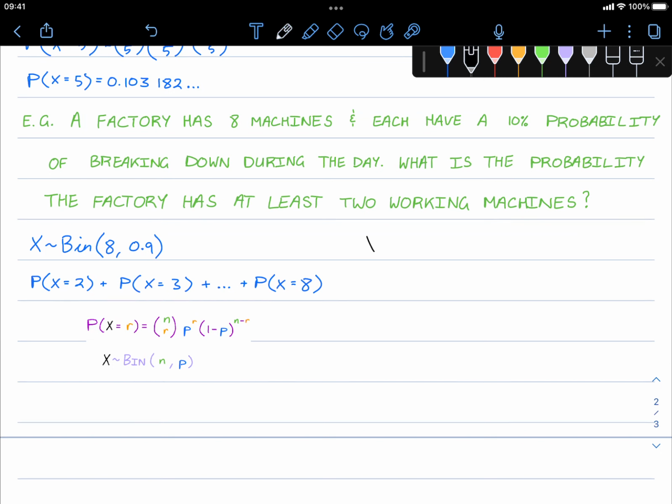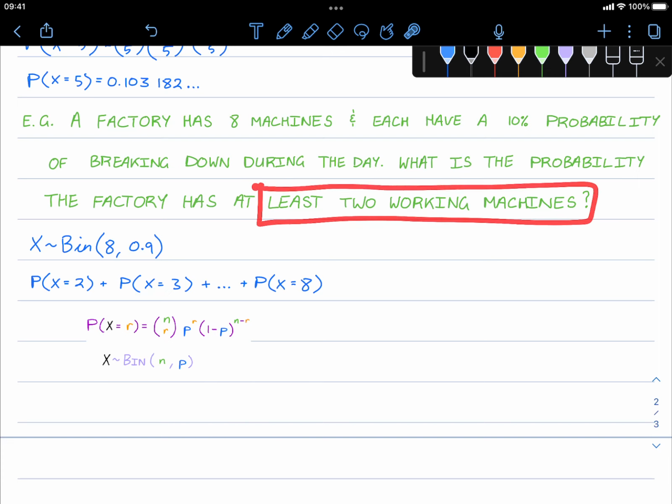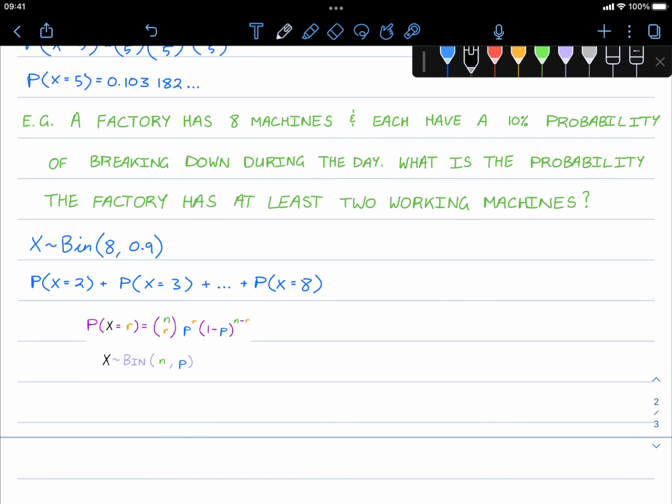Instead of finding at least 2 working machines, this is equivalent to asking: what is the probability that the factory has exactly 1 broken or faulty machine?